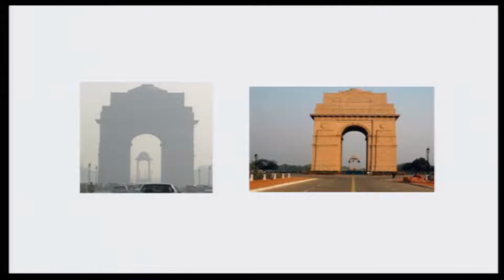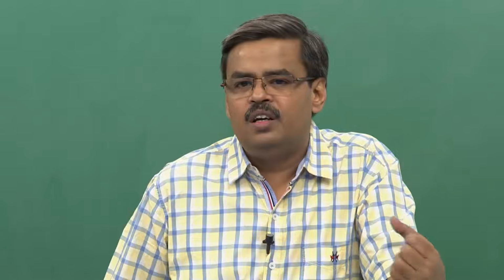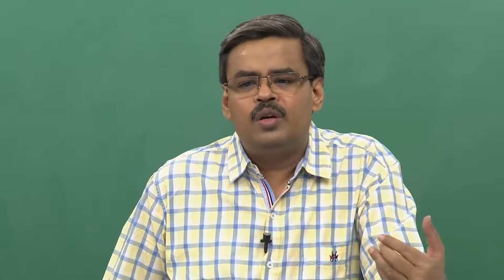In the other case, of course, you realize that the clarity is compromised, and with the compromise in the clarity you realize that the image on the right tells you that the structure is nearer to you, the image on the left tells you that the structure is far off from you. So, in terms of monocular cues, how clearer is the image that is generated, that would tell you how far or how near you are to the object.